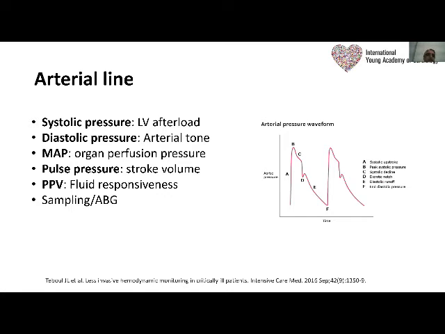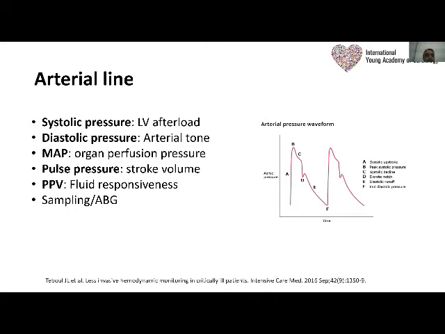Talking about this very simple, minimally invasive arterial line, it's not only for the measurement of blood pressure, but you can get a lot of information from it. For example, the systolic pressure can indicate the LV afterload. Diastolic pressure gives you an idea about the arterial tone. The MAP, which is the organ perfusion pressure, tells you about the target you want to achieve.